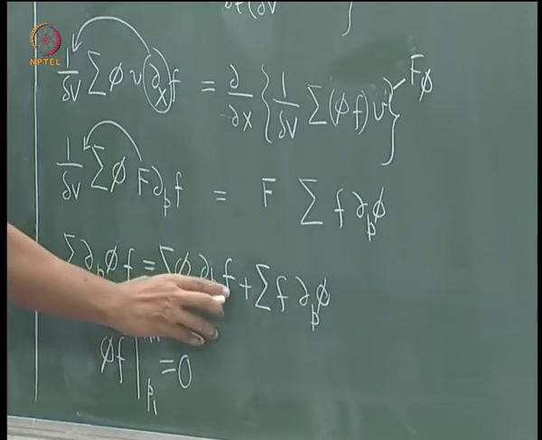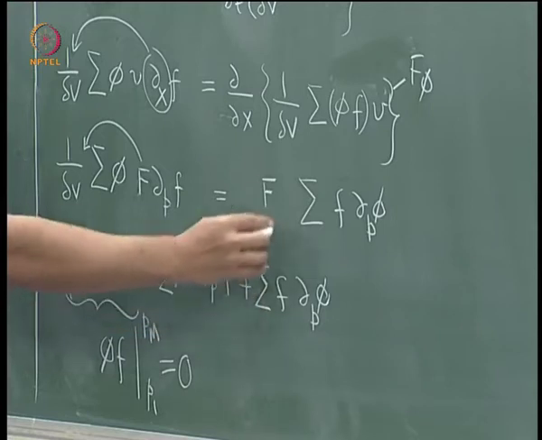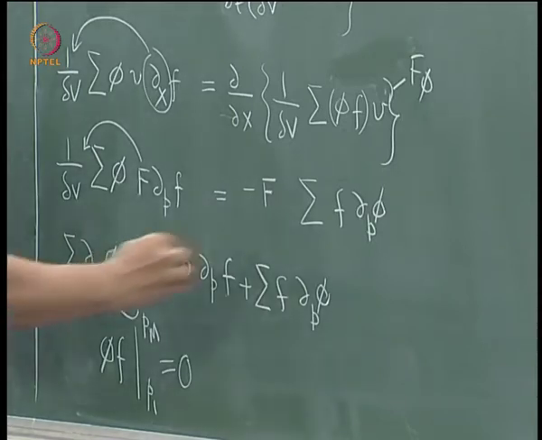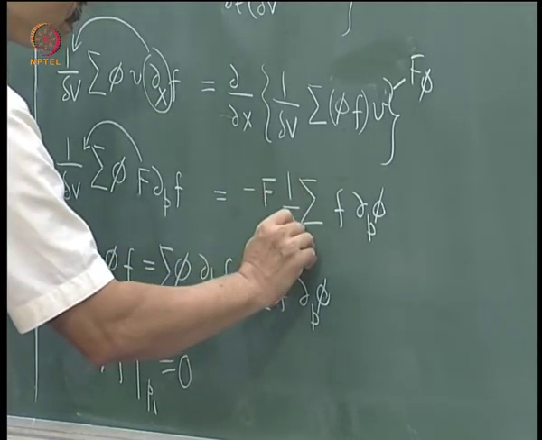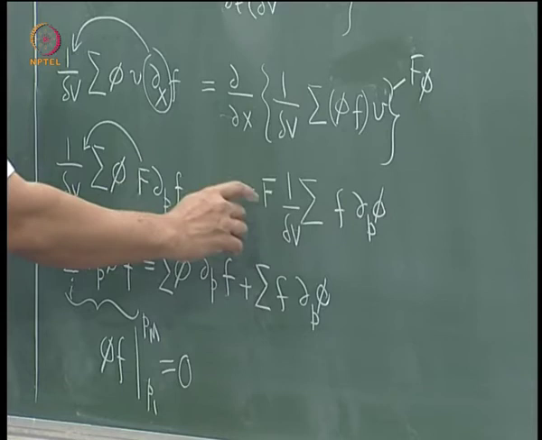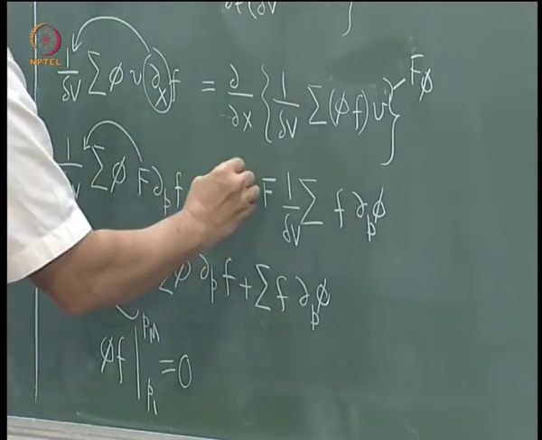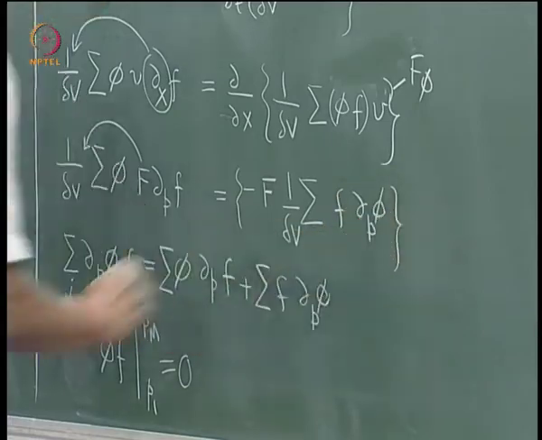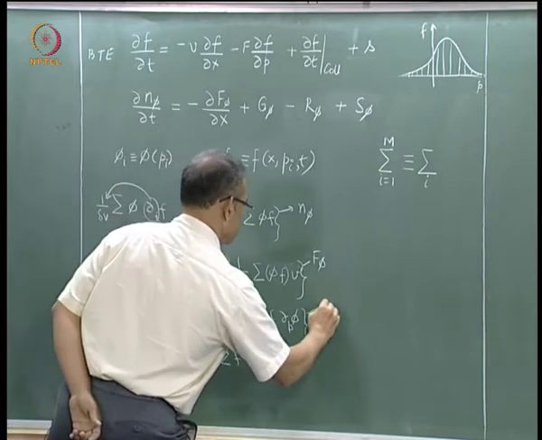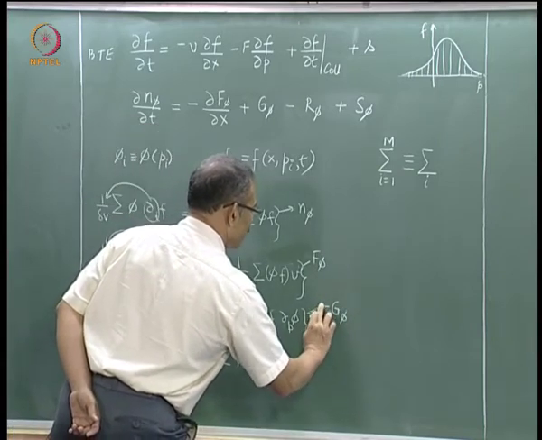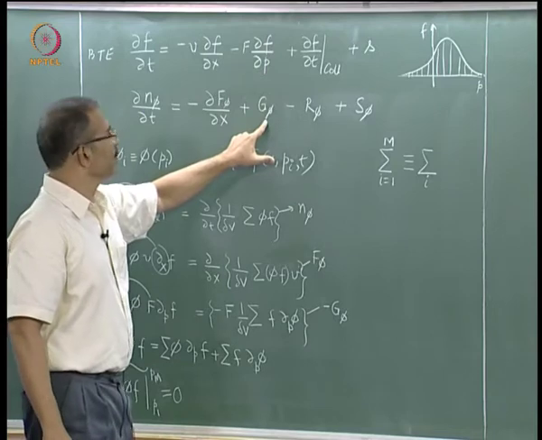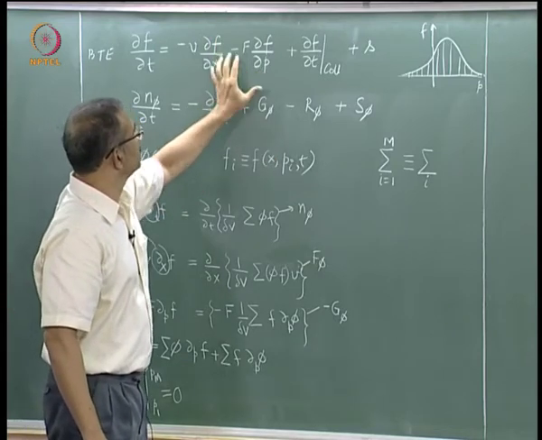Now note this is 0 and we want this expression, so there will be a negative sign here, and you have the 1 by delta v term. So this whole quantity is your minus of g phi. Why is it minus? Because you see minus of f dou f by dou p has been put as g phi. So this quantity alone is minus of g phi.